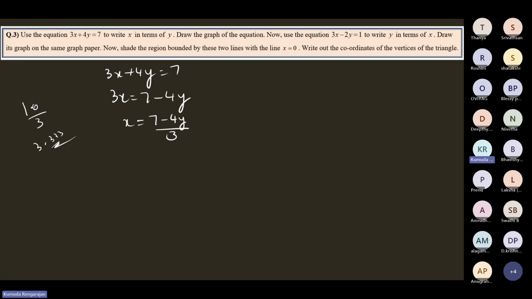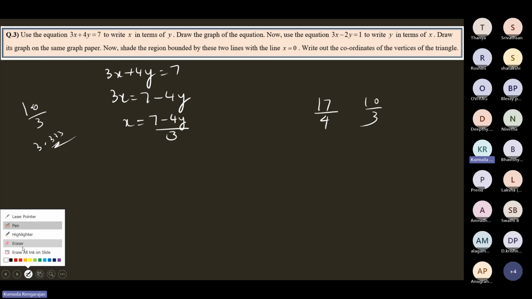Whole numbers and their negatives are convenient: it's easy to plot 4, 5 or -4, -5. On the other hand, if you have to plot 17 by 4 and 10 by 3, it becomes difficult to plot. You may not be able to show the point correctly, so you might not get the straight line precisely.